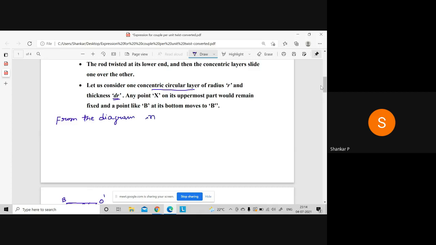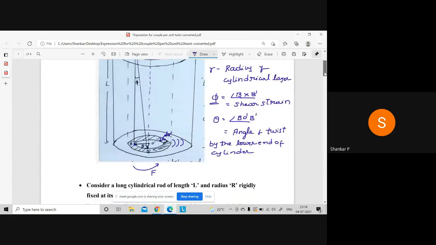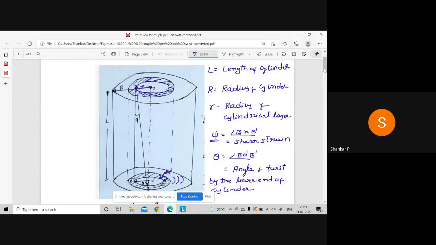In the right angle triangle B X B dash, let us evaluate what is tan phi.